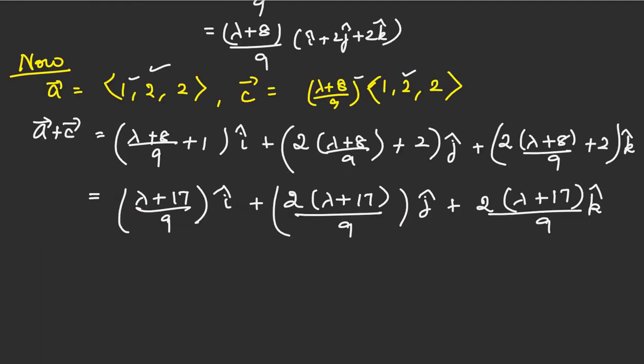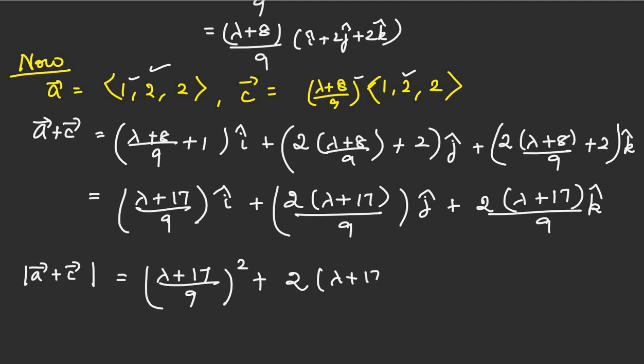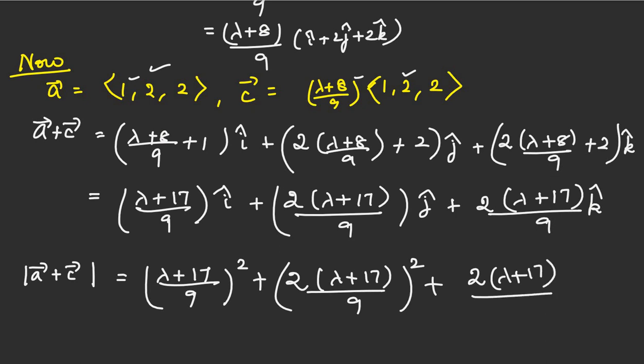Taking the LCM and simplifying, I can write A vector plus C vector. Now I want mod of A vector plus C vector, taking the components: lambda plus 17 by 9 the whole squared, plus 2 times lambda plus 17 by 9 the whole squared, plus 2 times lambda plus 17 by 9 the whole squared.